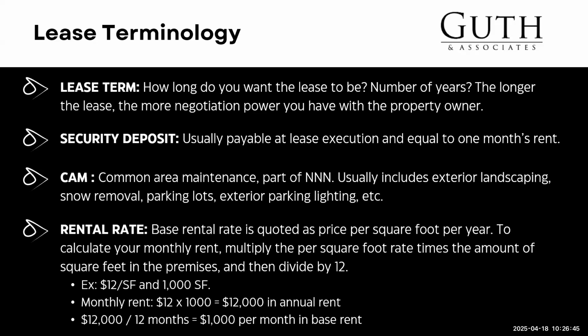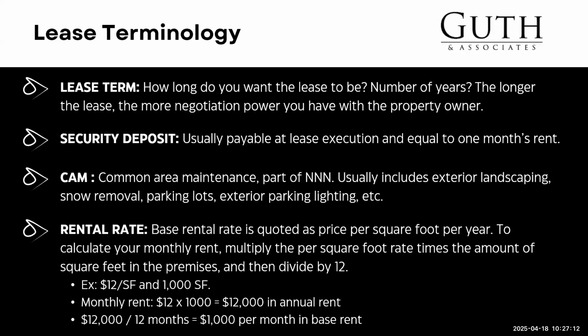Earlier I mentioned triple net, and a component of triple net, which I'm going to spend more time on in a minute, is common area maintenance, but I just kind of want to define that term for you. Common area maintenance is commonly referred to as CAM. You'll hear the word CAM a lot. That usually includes things like exterior landscaping, snow removal, parking lot repairs, exterior parking lot lighting.